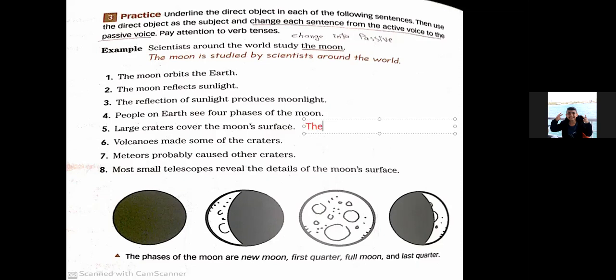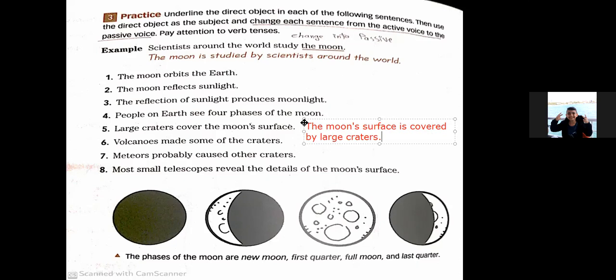The moon's surface is covered by large craters. Yes, well done, Abdel Fattah. Excellent. Thanks so much.